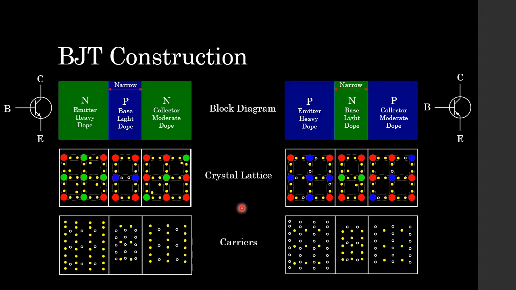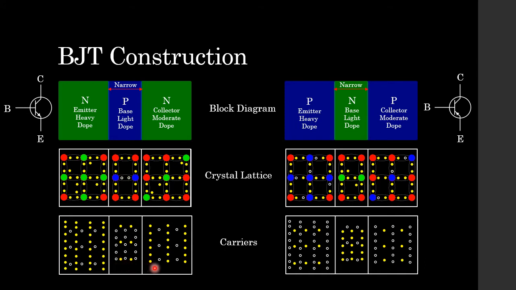And yes, here we can see from this diagram of the carriers, for the NPN transistor, looking at the emitter region, we have a huge number of electrons because it is heavily doped and it is an N-type semiconductor. And if we look at our base, which is a P-type material, we see there's a huge number of holes.